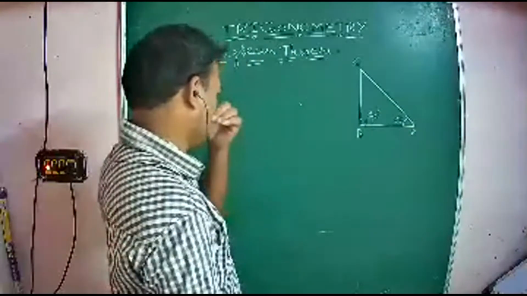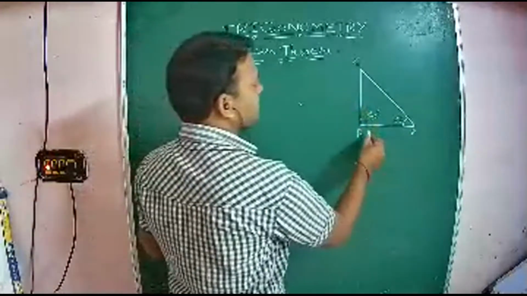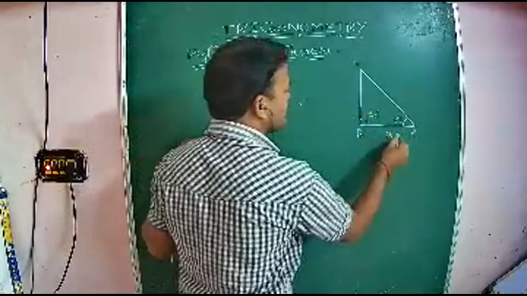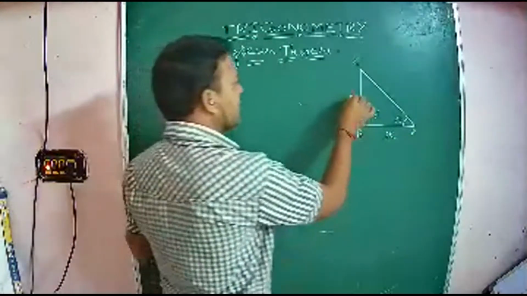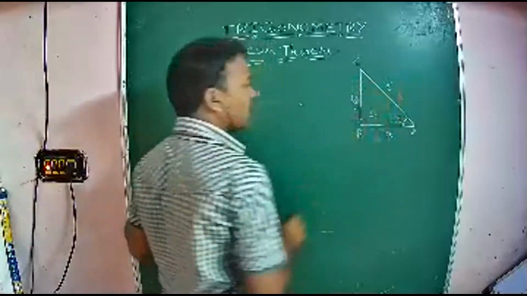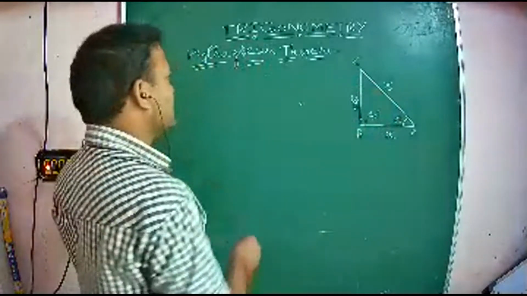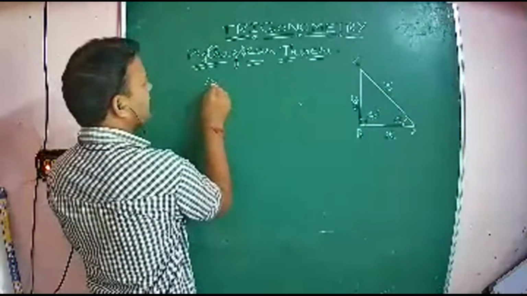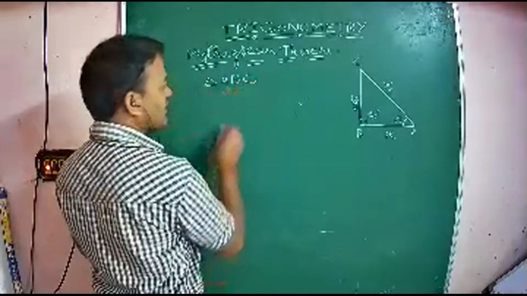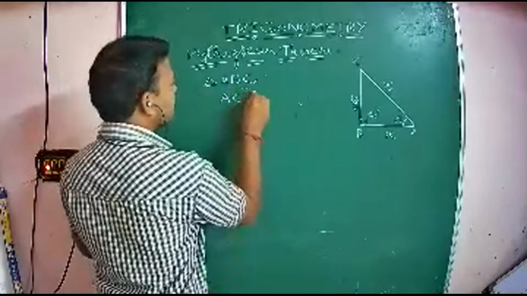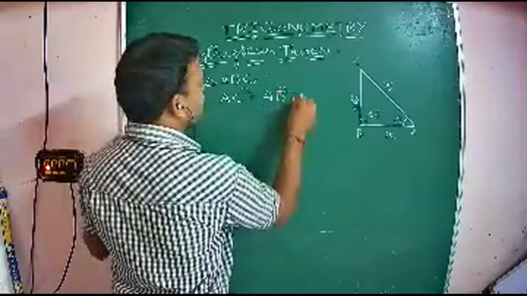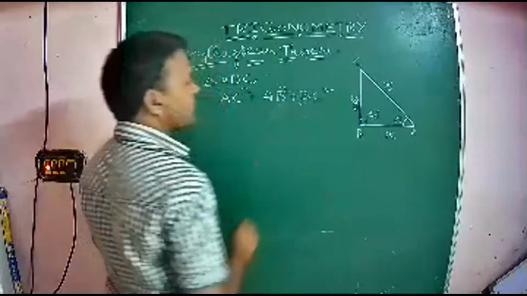Suppose, as I already told you, the horizontal length we consider as x, the vertical length as y, and the hypotenuse as r. Using this, in a right angle triangle ABC, AC square is equal to AB square plus BC square.